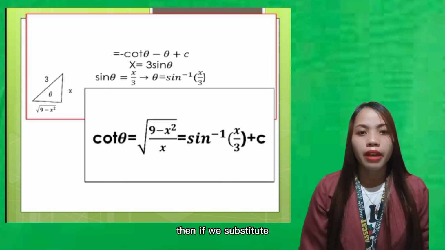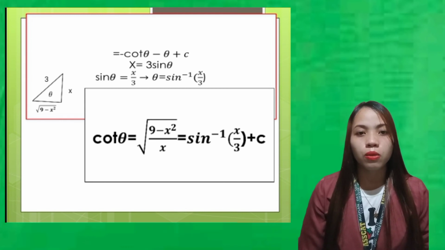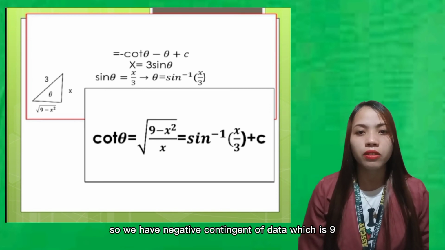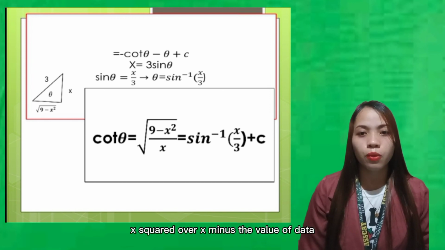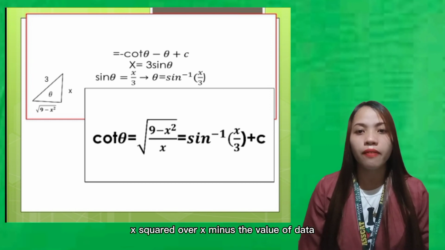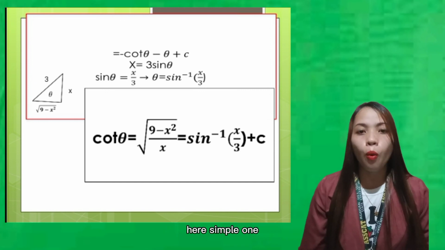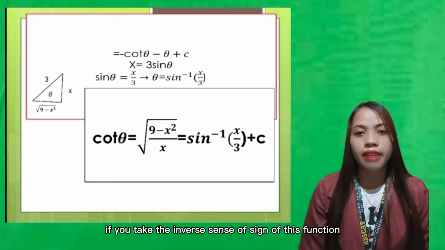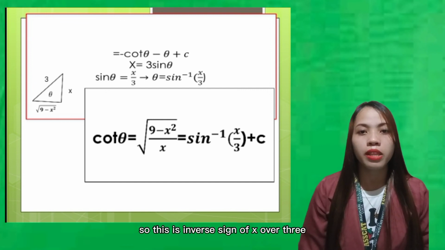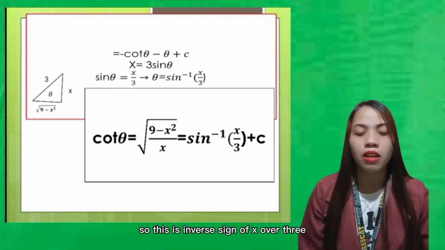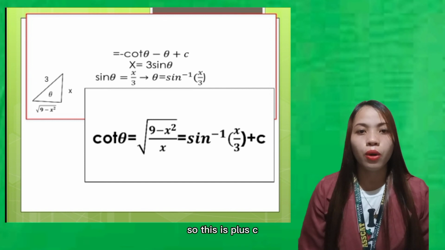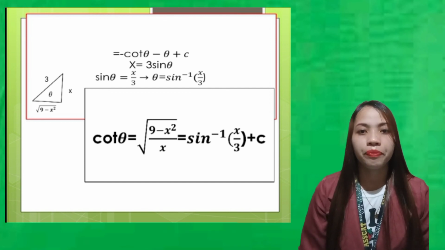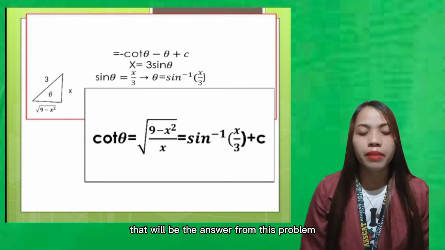Then, if we substitute, we have negative cotangent of theta, which is the square root of 9 minus x squared over x, minus the value of theta. If you take the inverse sine of this function, theta is inverse sine of x over 3. So let us substitute it here, plus c. That will be the answer to this problem.